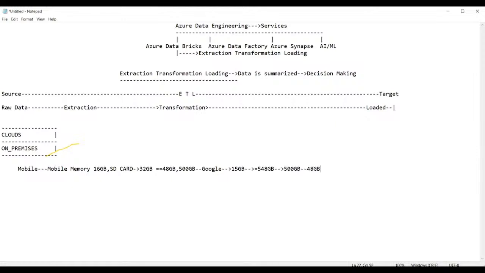The 48 GB memory is lost with the mobile phone because this memory is called physical memory. Am I right? So hence I cannot recollect it. Whereas the data stored on the Google Drive can be recollected. So we can call Google Drive a cloud.